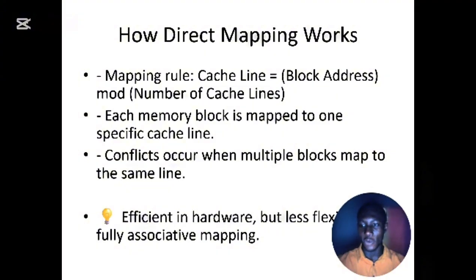It's efficient because the CPU doesn't need to search all lines, just one. However, if multiple blocks map to the same line, they will collide even if other cache lines are unused. This is the main drawback of direct mapping.